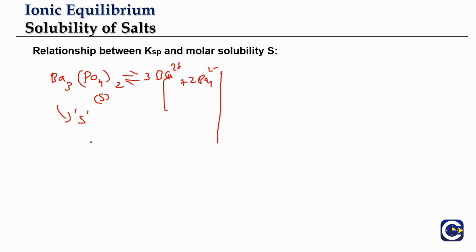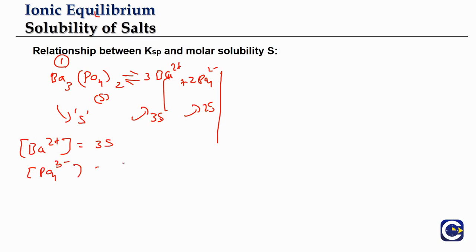If the molar solubility is S, then for every one particle of barium phosphate we get 3 ions of barium 2 plus, so here we get 3S. And for every particle we get 2 phosphate ions, so here we get 2S. So the saturation concentration of barium 2 plus is 3S, and the phosphate ion saturation concentration will be 2S. What is the solubility product formula? Solubility product will be equal to the barium 2 plus ion concentration, power 3 will come.